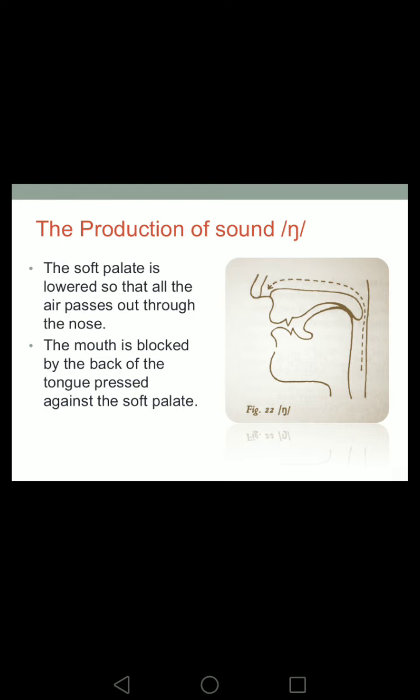So the air passage is directed to go through where? Through the nose, because the air passage is blocked, meaning the air has no other way except to go through the nasal cavity. And the mouth is blocked. The mouth is blocked. Okay?